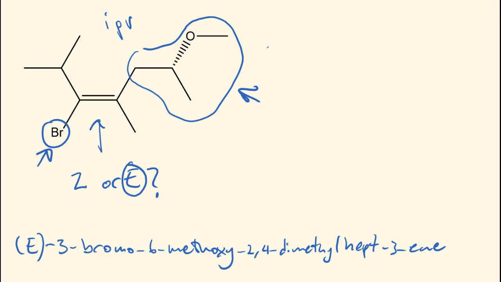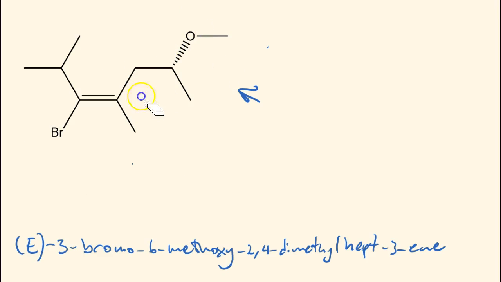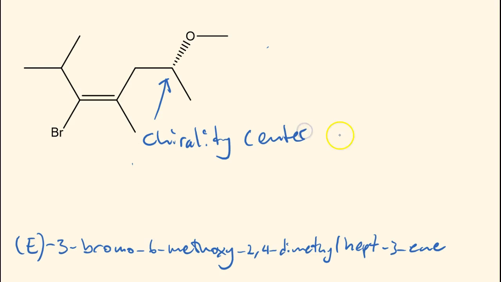Now, there is one other thing we need to look at, and that is the chirality center. Carbon 6 is a chirality center, which can either be S or R. So we have to decide.